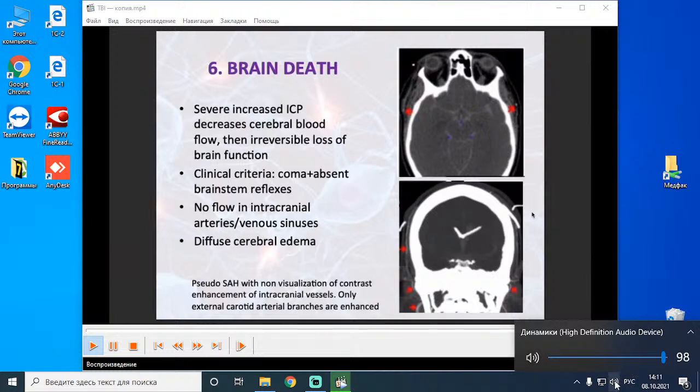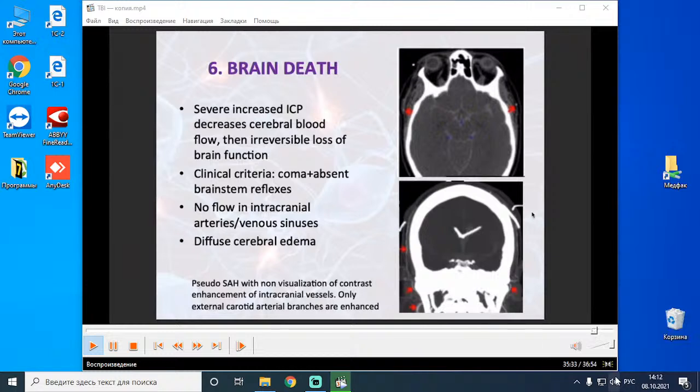Clinical criteria: coma plus absent brain stem reflexes, no flow in intracranial arteries or venous sinuses, diffuse cerebral edema, pseudosubarachnoid hemorrhage with visualization of contrast enhancement of intracranial vessels. Only external carotid artery branches are enhanced.